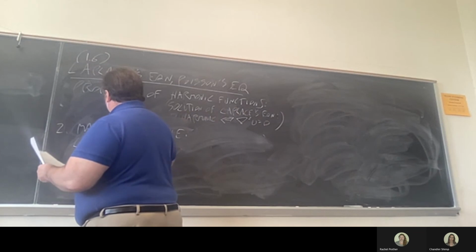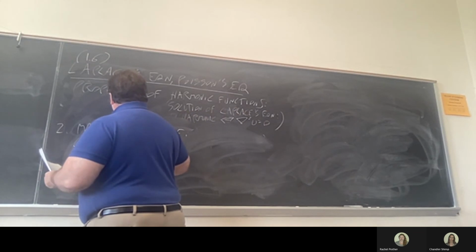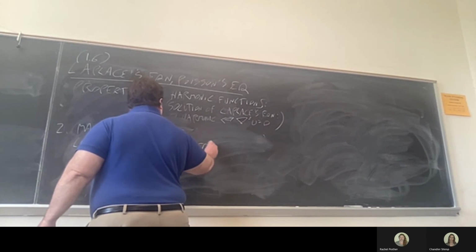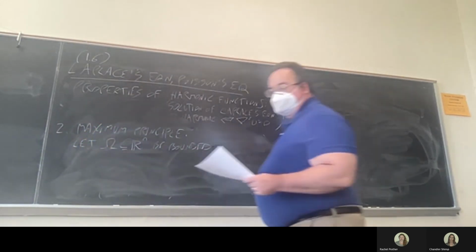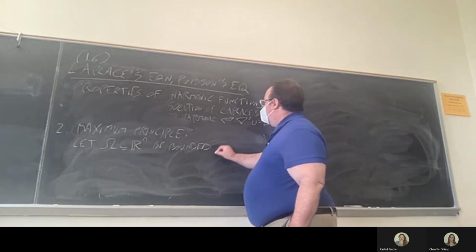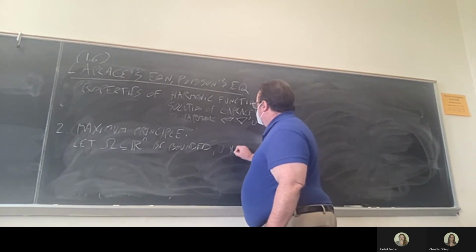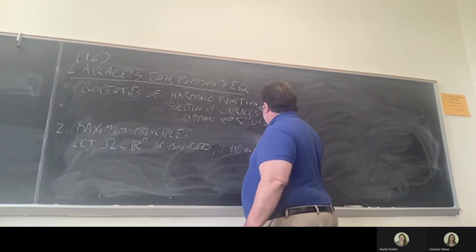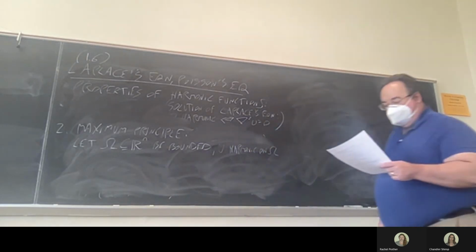So let's suppose we have a region omega, and we'll assume that it's bounded, so at least it has a boundary. Okay. And we'll assume that u is harmonic on omega.